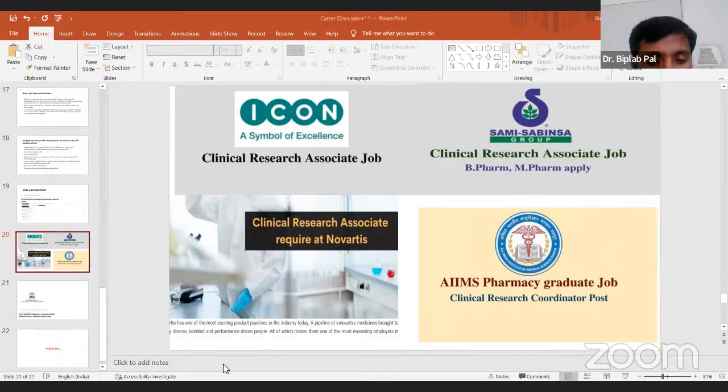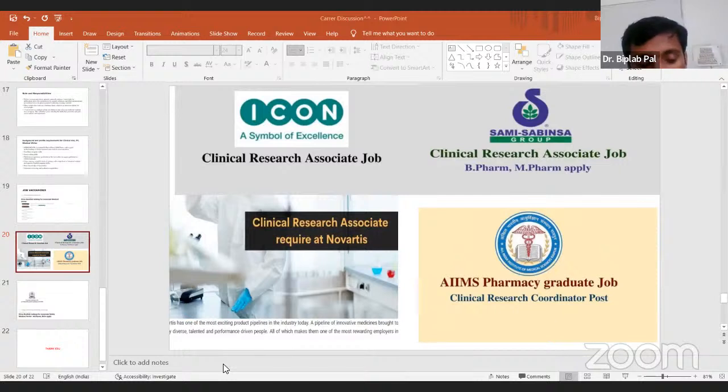JSS Medical, Parexel. Okay, ICON. They are taking CRA 1, Clinical Research Associate 1. Then Quintiles. Then you can write Covance.